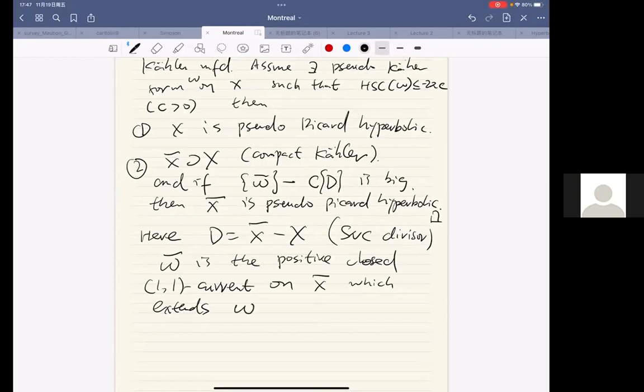There are many ways to make such an extension, but this is a trivial extension: you just take the coefficients to be zero over this component. Then it is not smooth, it is just a current.